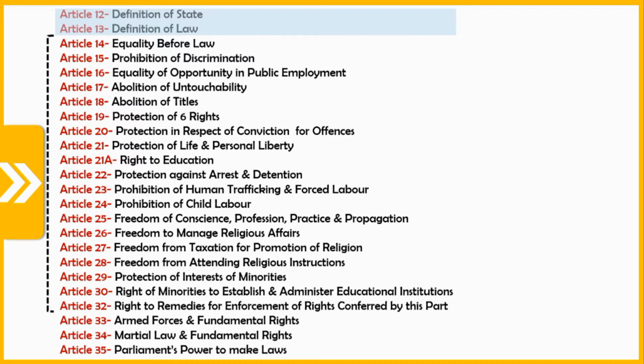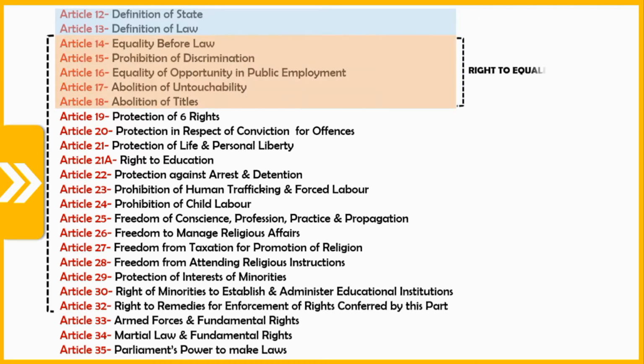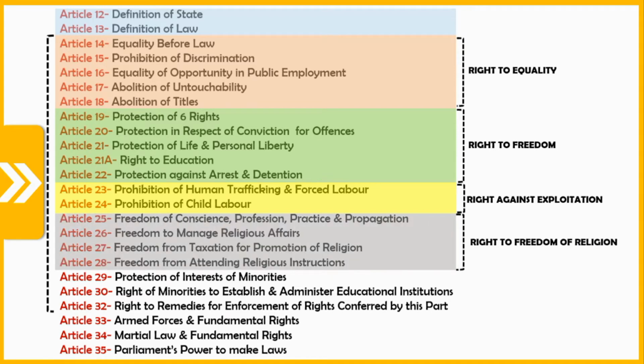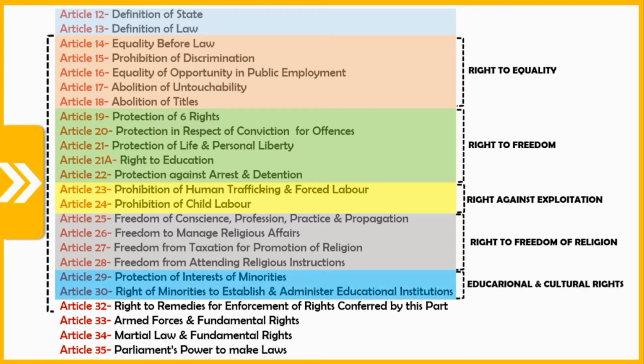That is, Article 14 to 18, right to equality. Article 19 to 22, right to freedom. Article 23 and 24, right against exploitation. Article 25 to 28, right to freedom of religion. Article 29 and 30, educational and cultural rights.